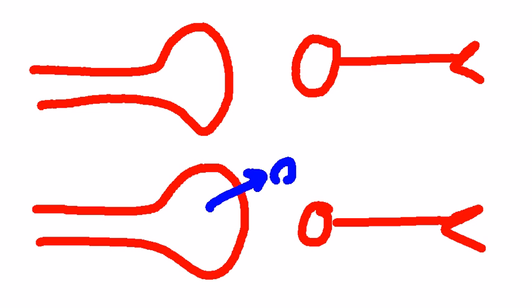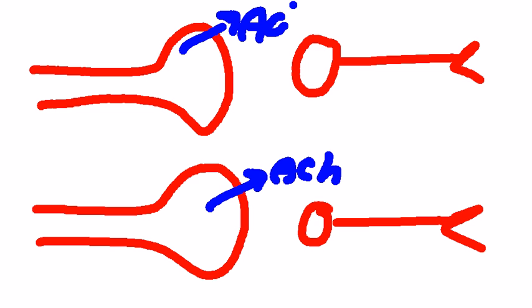However, not all cholinergic synapses work the same way. Now, the major thing that can vary across two cholinergic synapses is the type of receptors that the postsynaptic neuron uses to receive the acetylcholine signal.